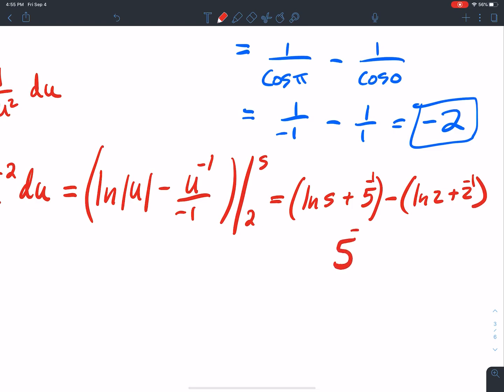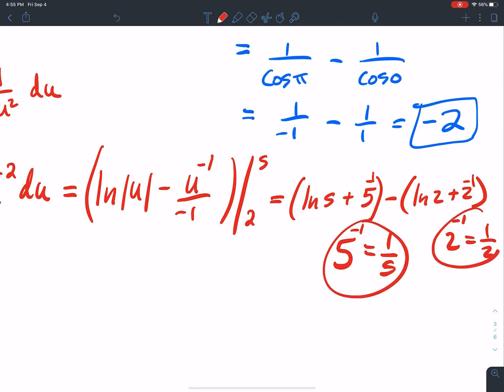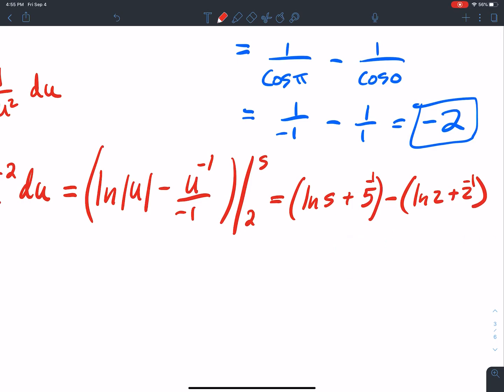Because 5 to the -1 is equal to 1 over 5. And 2 to the -1 is equal to 1 over 2, right? So you need to make sure that you have that written correctly, unlike what I have written here. Those aren't right, okay? So this is ln 5 minus ln 2, which that's okay.